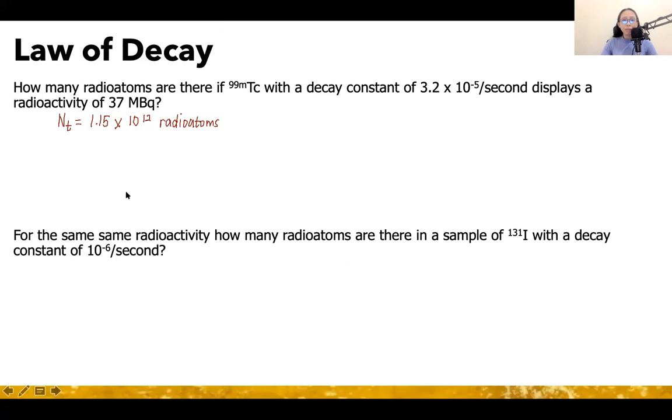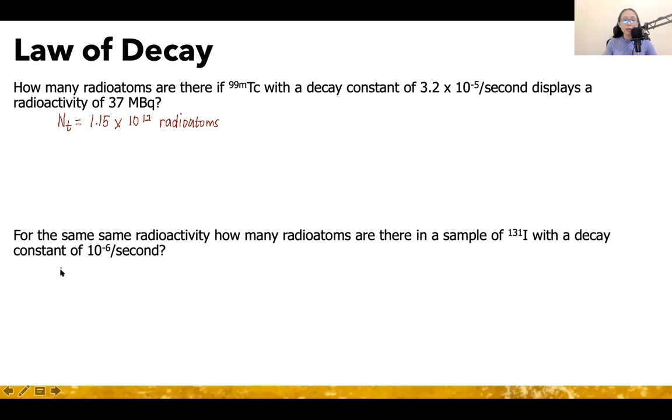And let's see how many radioatoms we have in this sample of iodine-131. Will there be the same number of radioatoms? Well, if you answered no, that is correct because iodine-131 has a different decay constant.